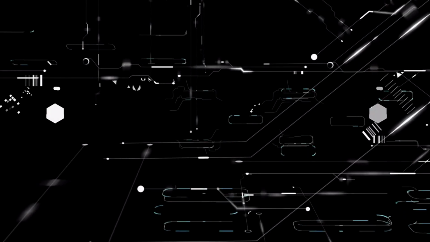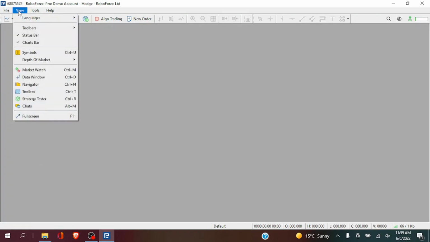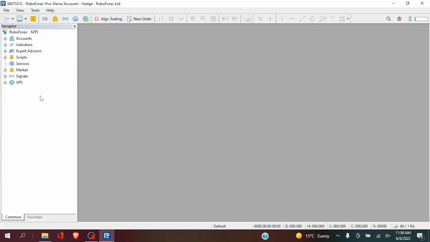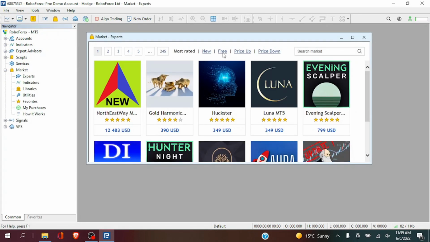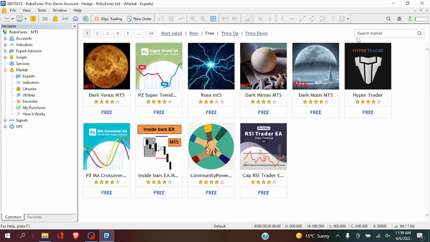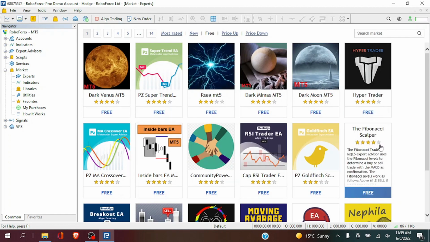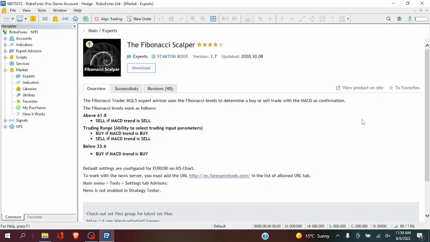Next, I'm going to my Metatrader5 platform. And we're going to select View, Navigator, Market, Experts, Free, and we're going to select the Fibonacci Scalper.